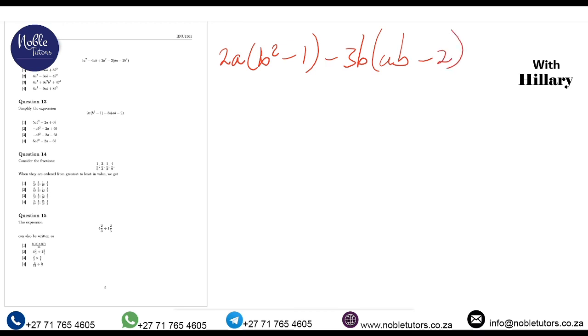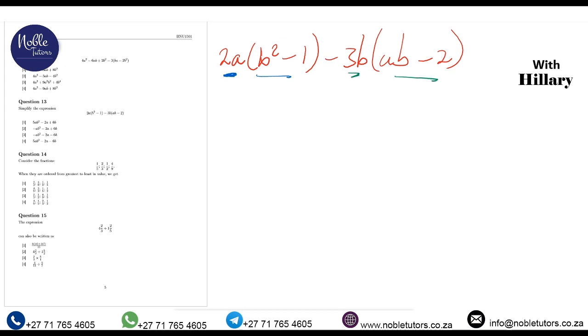This expression is similar with the one that we did. So we said the first step, you remove the brackets by multiplying any number that is out of the bracket times any number that is in the bracket. We're going to multiply 2a by everything in the brackets and minus 3b by everything in the brackets.